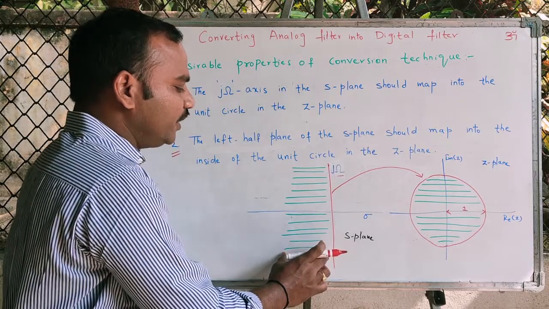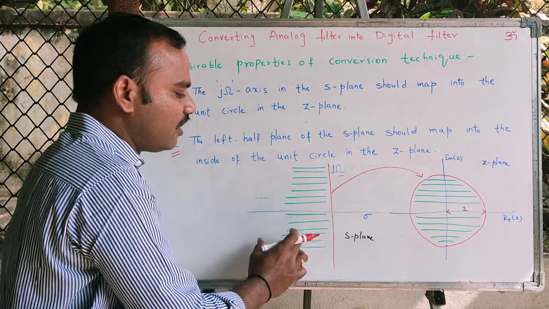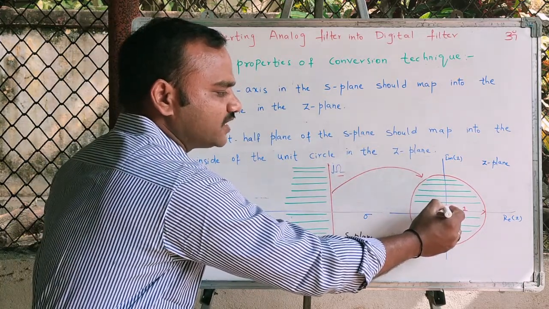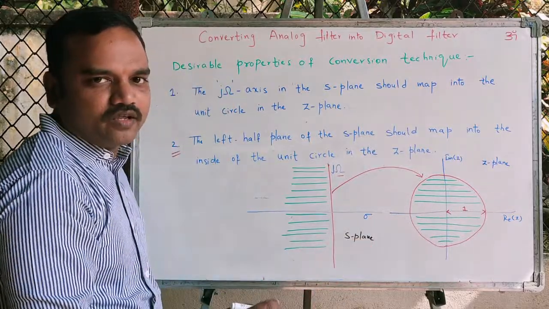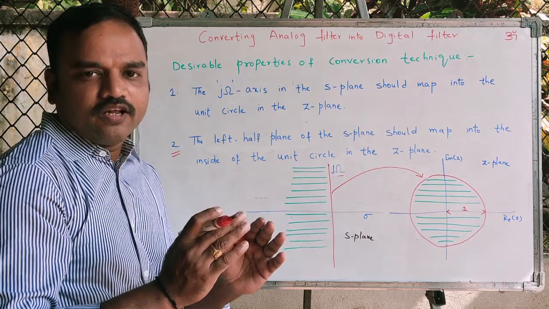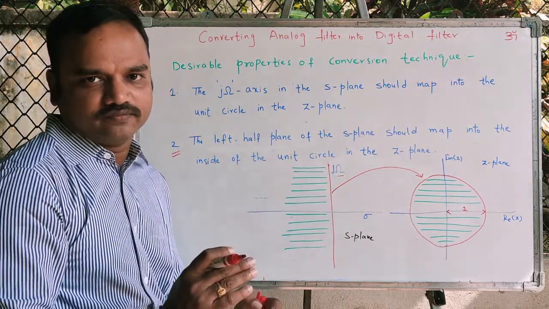So, we need a mapping which maps the entire left half of the S-plane into the inside of the unit circle in the Z-plane. Because of this mapping, a stable analog filter will be converted to a stable digital filter.